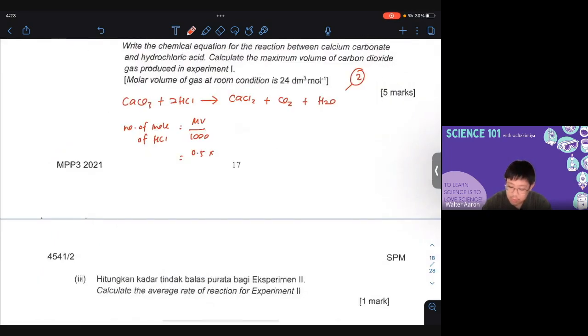So 0.5 times 30 divide by 1000. Right, then you're supposed to get 0.015 mole. Okay, 0.015 mole. So now you see, the ratio between acid to carbon dioxide gas is 2 to 1. So the number of mole of CO2 produced is actually half.